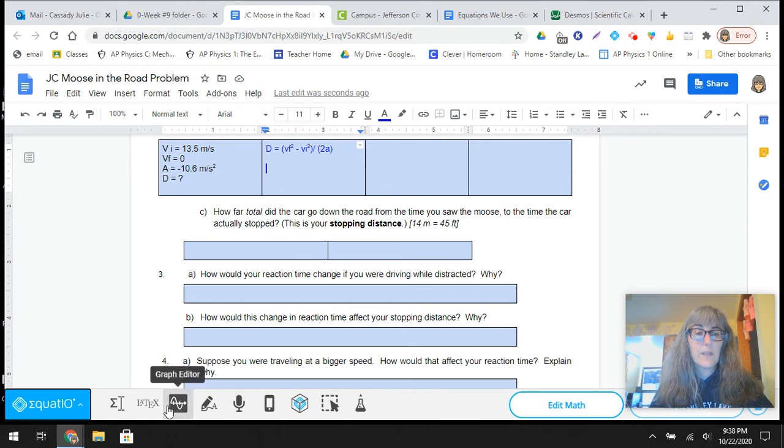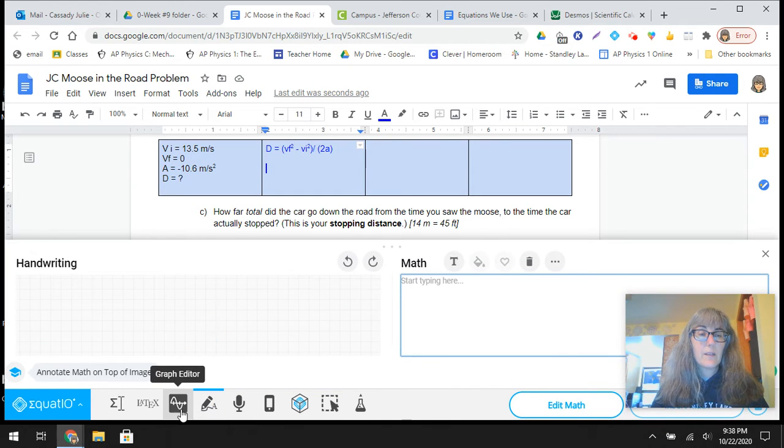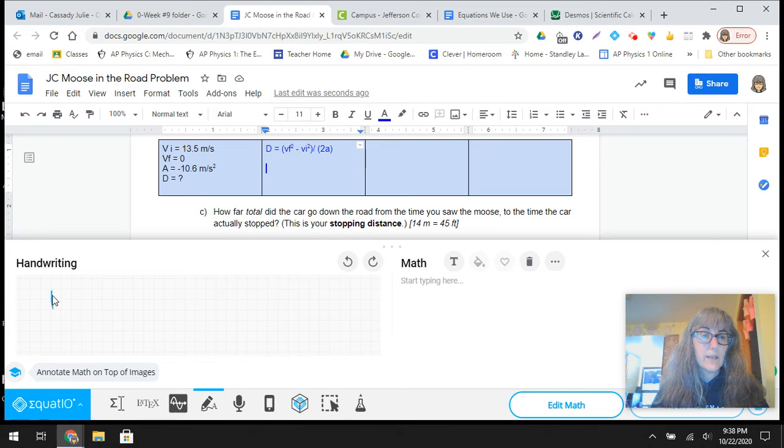So there we go. I really like the handwriting recognition one. I think that makes things easier. So we have D is equal to V final squared minus V initial squared.